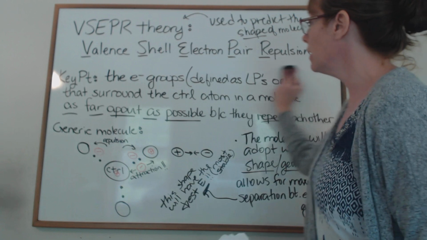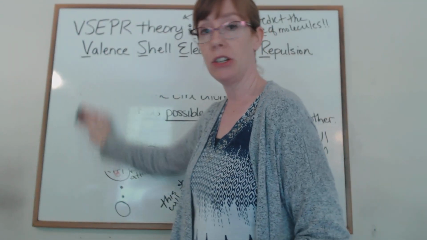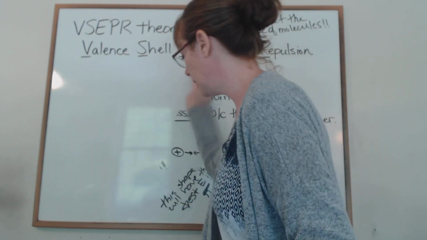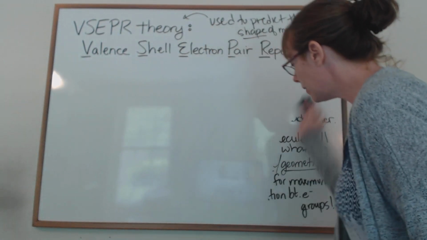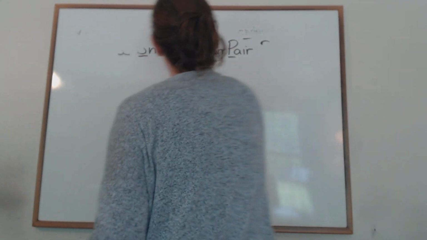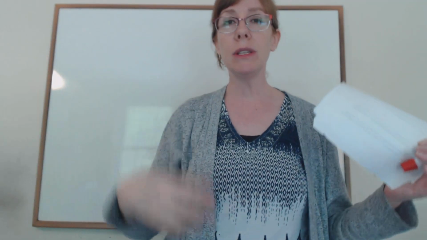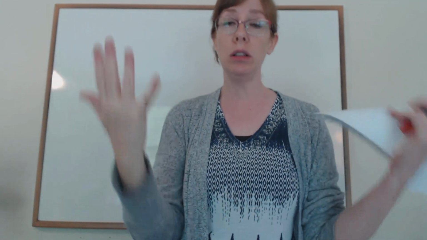We are going to be kind of finally understanding why I keep drawing water like that boomerang shape. Okay, this is going to be all VSEPR theory. So now that we have kind of the key concept, let's go ahead and teach how do you actually apply VSEPR theory? How do you do it? So with Lewis theory, the way that you apply Lewis theory is simply draw a Lewis structure.